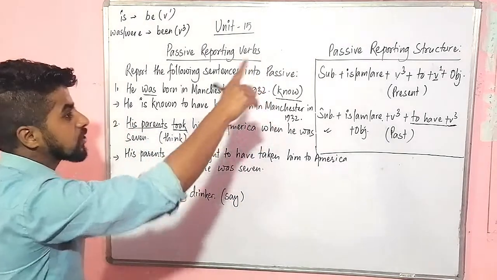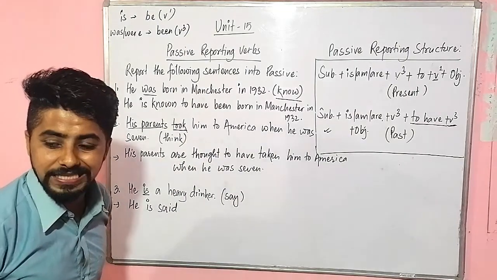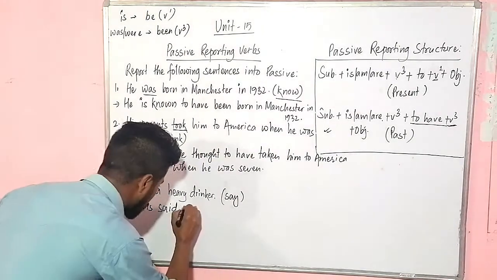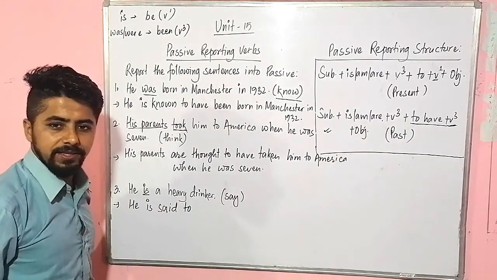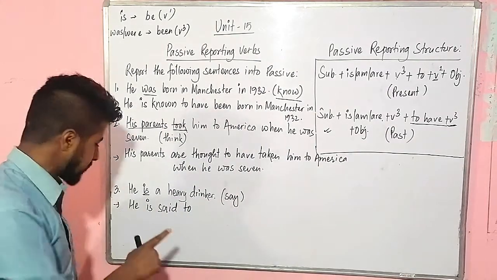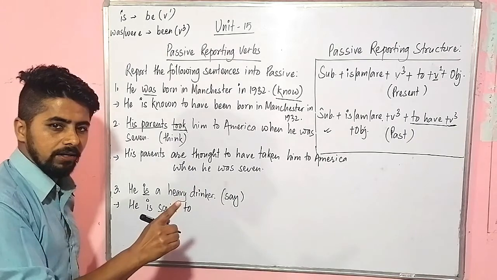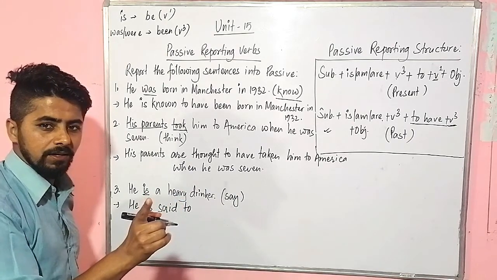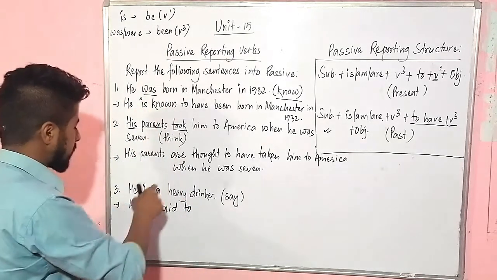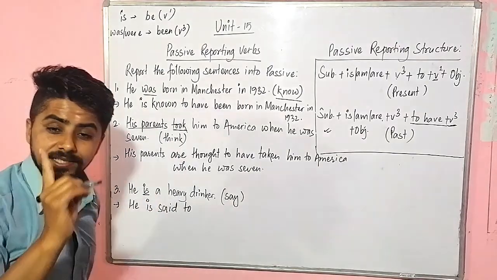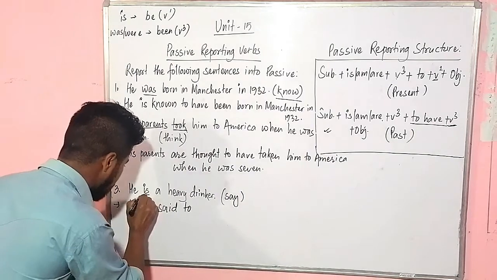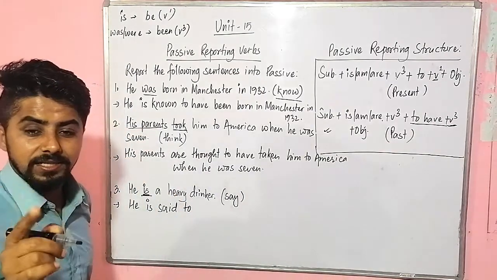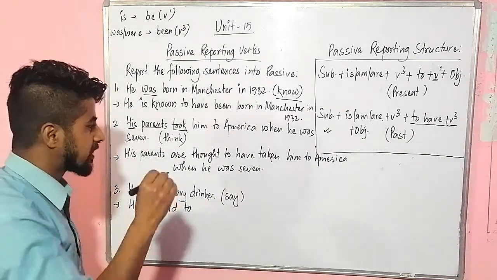Now after this, to plus V1 plus object is remaining in the structure. To you can write as it is, but for V1, what is the main verb given in the sentence? He is a heavy drinker. Can you tell me? Once again, the same type of verb is given here, that is a state verb, not an action verb. So is the verb.